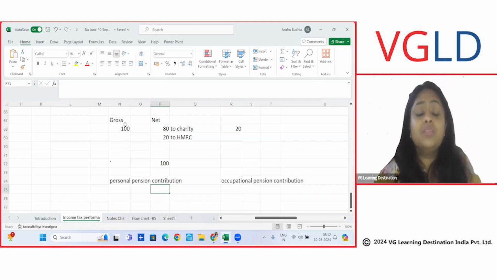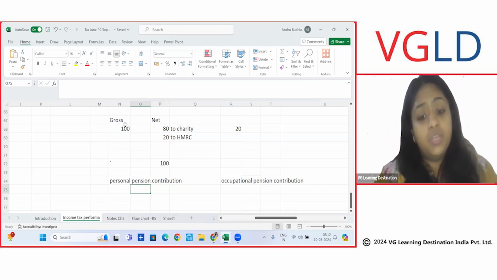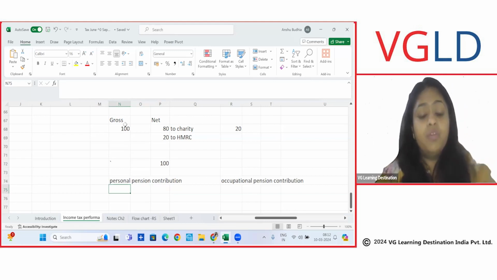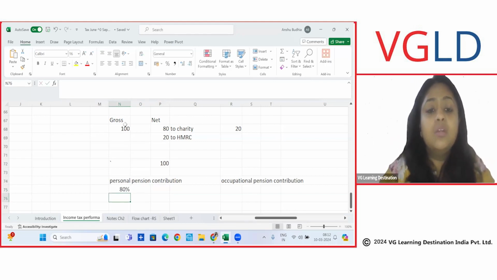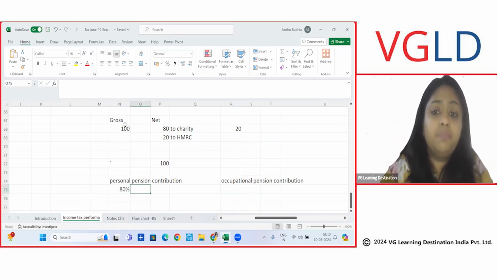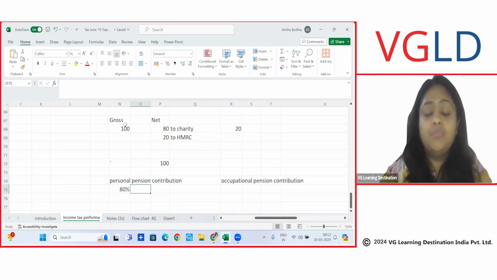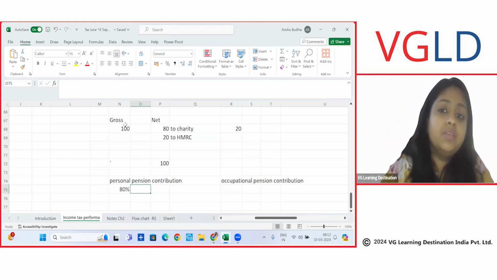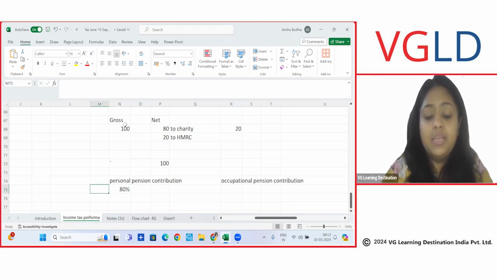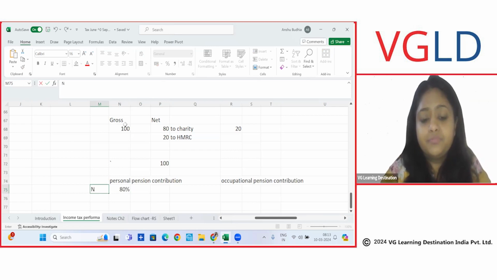Just like on the same principles of gifted donations, when we make payments towards the pension, we only pay 80%. The 20% goes to HMRC, which goes to the personal pension corpus later on. So when you're making payment, you're only paying the net 80%. And what is the gross amount?